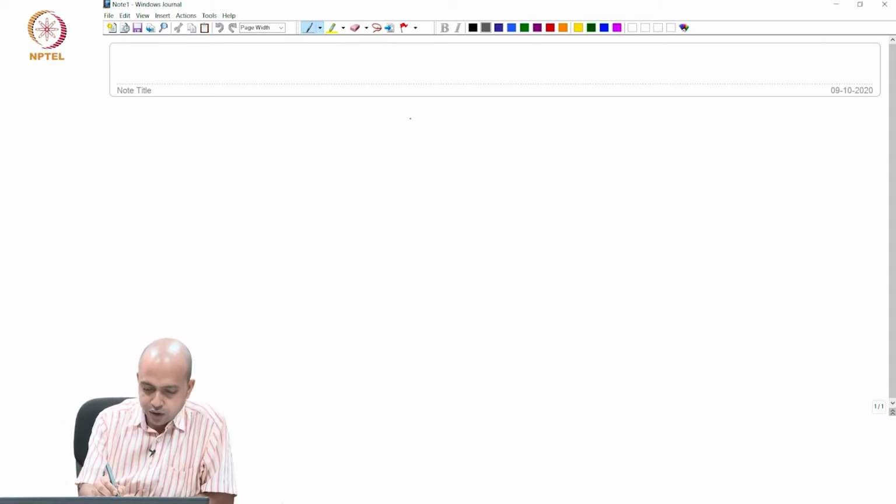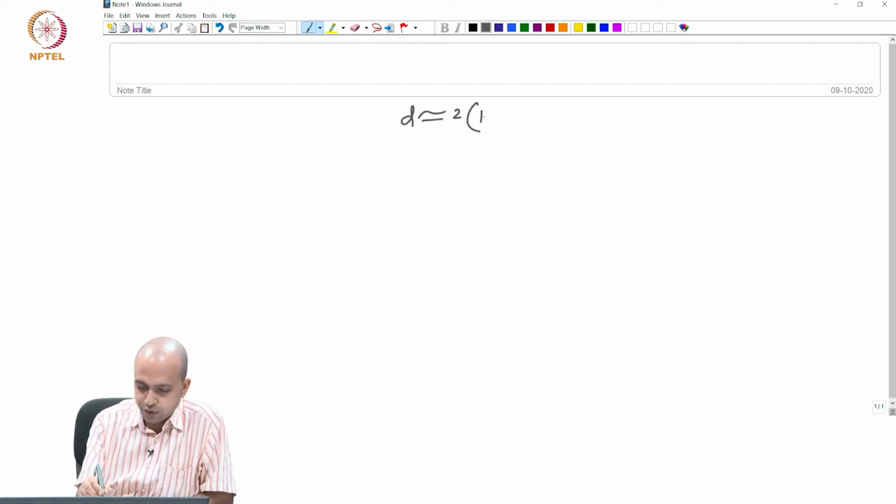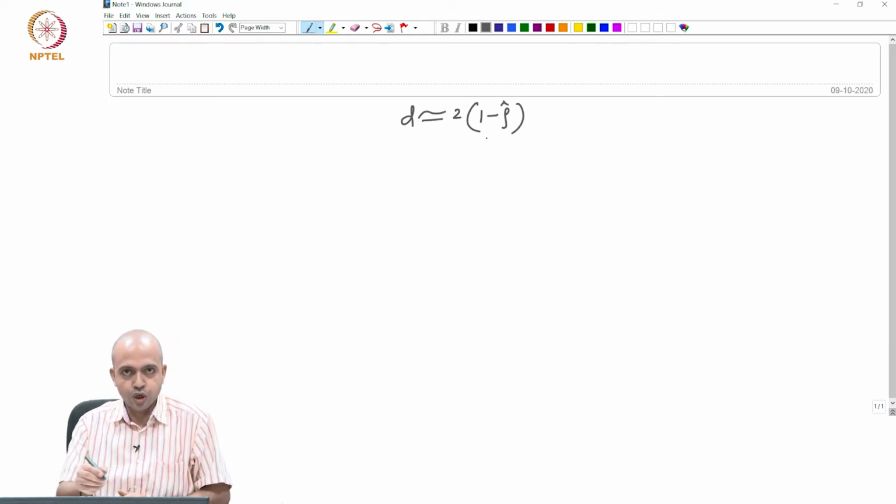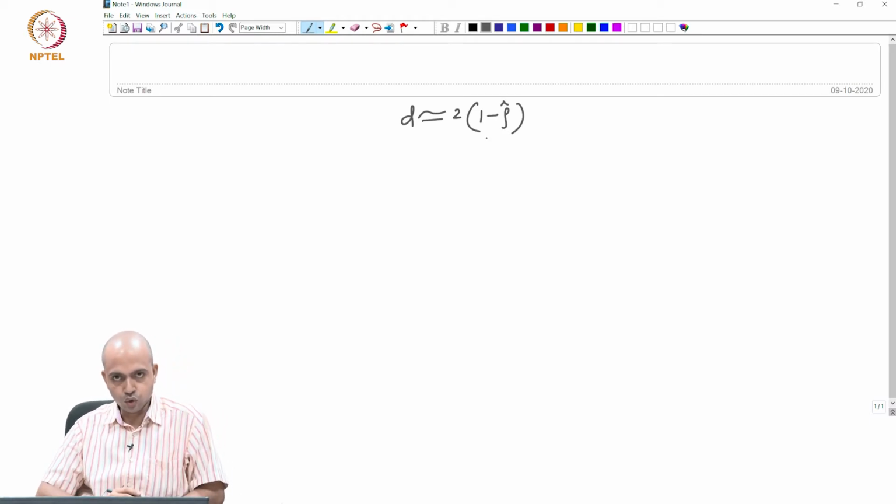Basically, that was D equals 2 into 1 minus rho hat, where rho is the first order autocorrelation coefficient as we defined earlier.